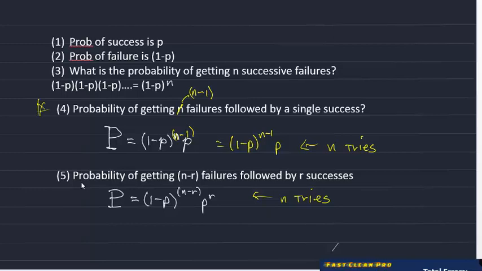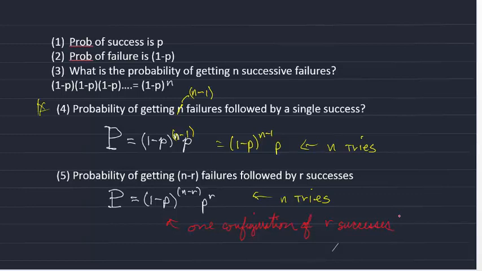But let's say we're interested in all possible ways of getting r successes. We've shown this is really only one configuration of r successes, where they happened at the very end of our n tries.